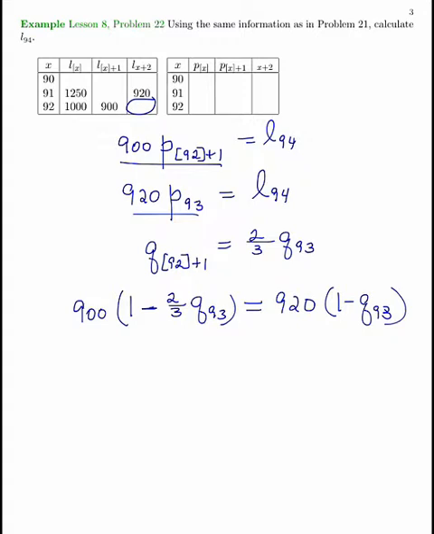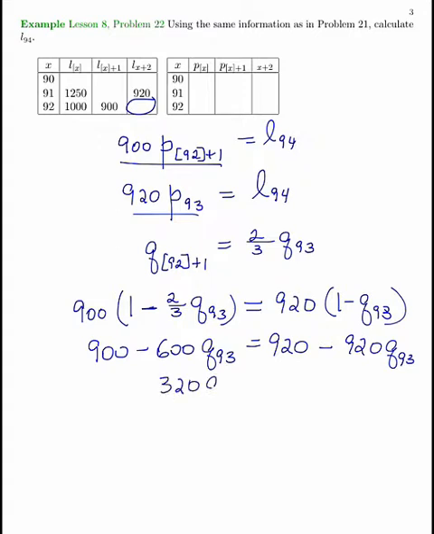And now the only unknown here is Q93, so I can solve for it. So I'm going to get 900 minus 2/3 of 900 is 600. Q93 is equal to 920 minus 920 Q93. Add 920 Q93, that's 320 Q93 is equal to 20.